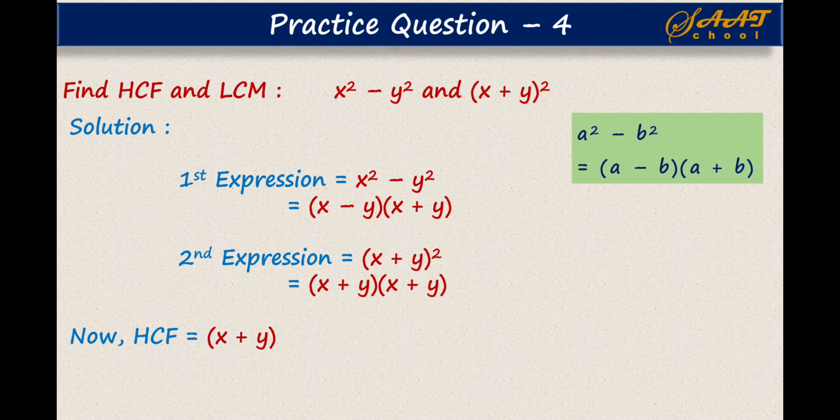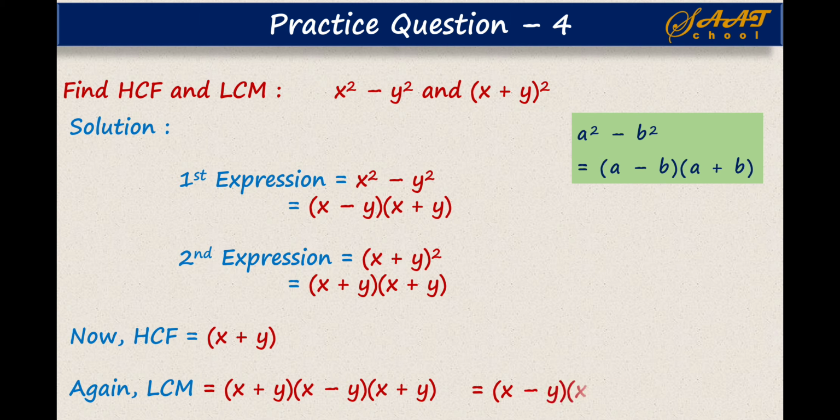Now, if x plus y is the common factor, the remaining factors are x minus y from the first expression and x plus y from the second expression. That's why the LCM is the common factor x plus y and the remaining factors x minus y and x plus y. Now you can simply write that equals x minus y and x plus y whole square.